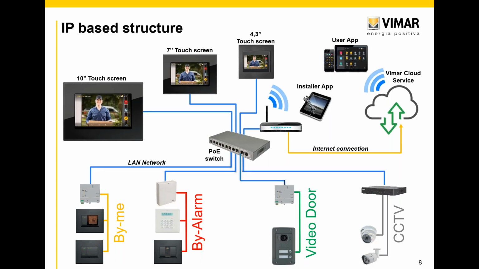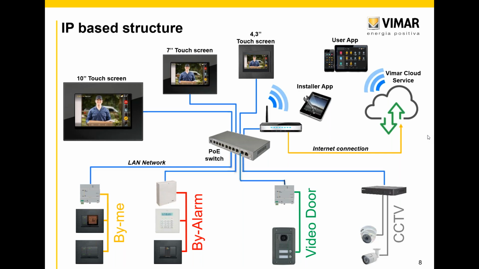Here you see the BuyMe, the BuyAlarm, the video door, and CCTV, all connected together with the LAN. It means that through the LAN it's possible to connect each subsystem and the touchscreens, the router with the internet access, the cloud services.